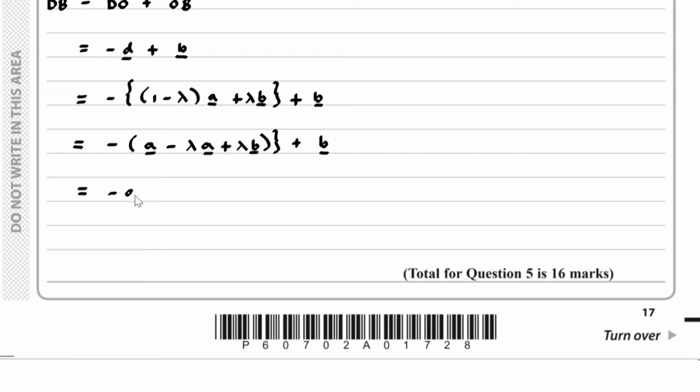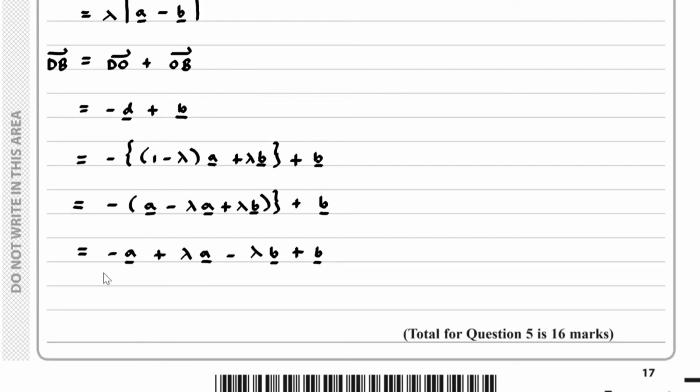So I've got minus a plus lambda a minus lambda b plus b. If I take a look at the a components, I've got lambda minus 1 a, and the b components, I've got 1 minus lambda b.